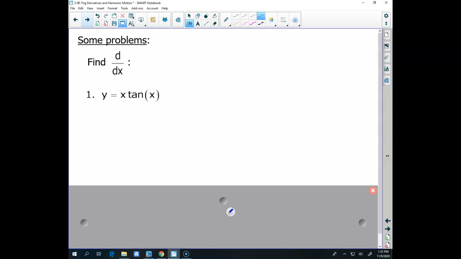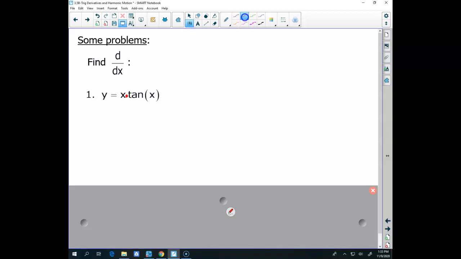One thing to know, if you ever look at this and you want to say y prime equals, okay, x times tangent x is 1 times secant squared x, okay, please understand that is wrong. You will never take the derivative of one function times the derivative of another function. You have to identify that there is, like I said, a product in here.